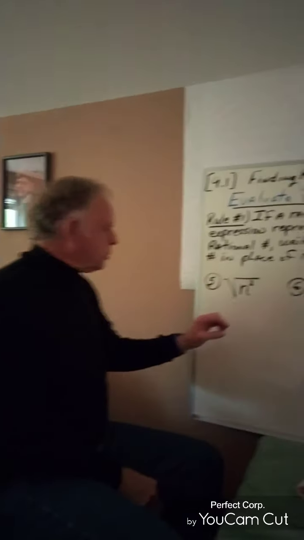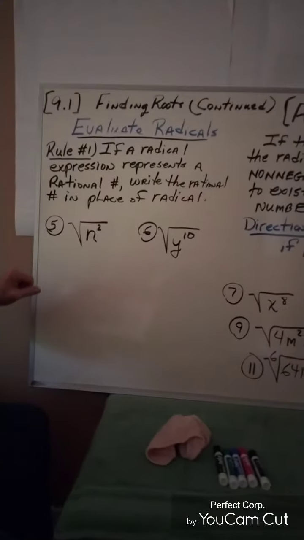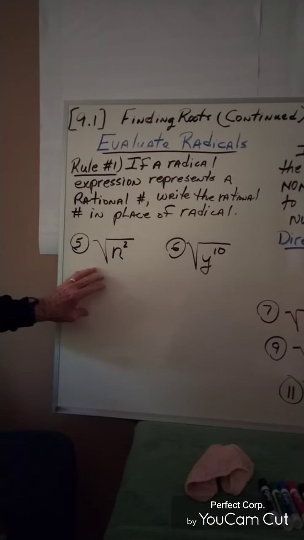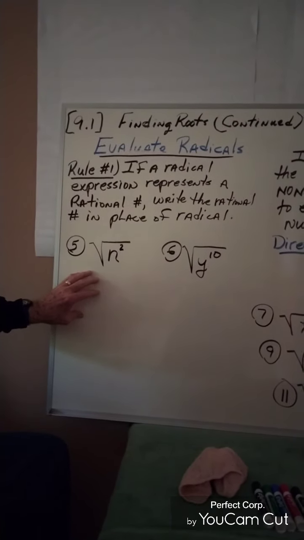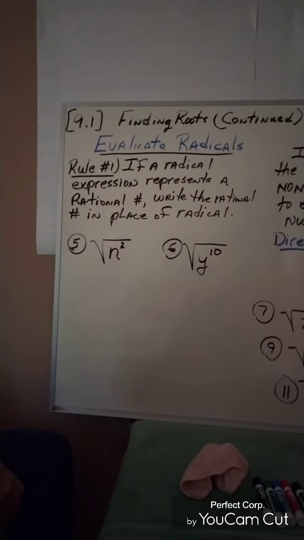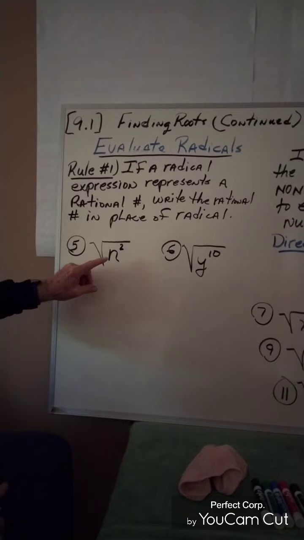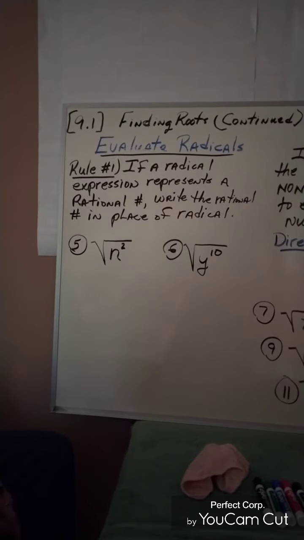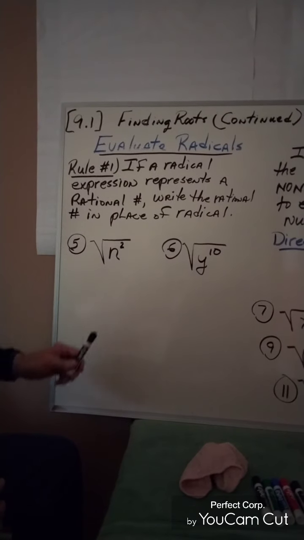All right, let's go ahead and continue on with the section where the index is even. Now, the first few problems that we were looking at, the radicands were all numerical values. And now beginning with number 5, we're looking at a radicand that has a variable expression in it.